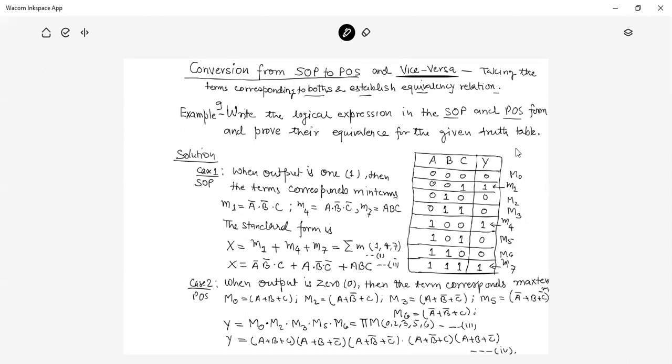So first we identify the min terms. Case 1 is the selection for SOP, that is, min terms. The min terms correspond to small m1, small m4, and small m7. So we take the standard format as m1 plus m4 plus m7, and it can be expressed as summation of m 1, 4, 7.